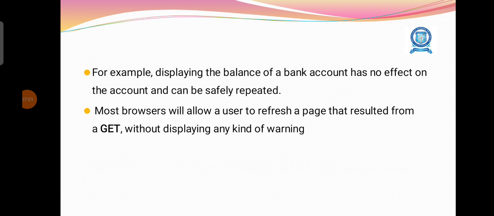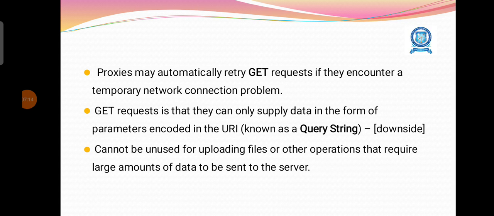For example, displaying the balance of a bank account has no effect on the account and can be safely repeated. So we can repeat the requests with the help of the GET method. Proxies may automatically retry GET requests if they encounter a temporary network connection problem.